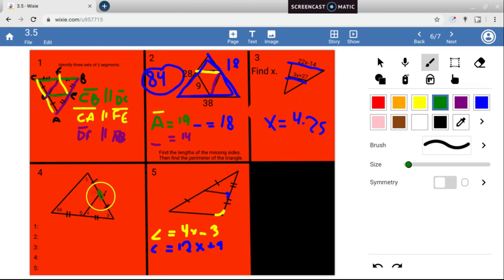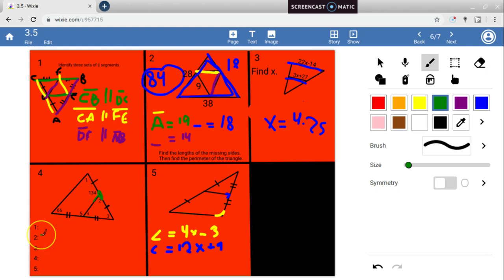Let's just focus on this whole angle right here. We know from our straight angle rule that they add up to 180, so the angle 2 plus 134 will equal 180. So you can just do 180 minus 134, and you get that angle 2 is 46 degrees.